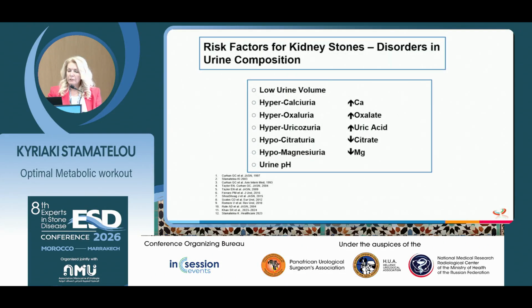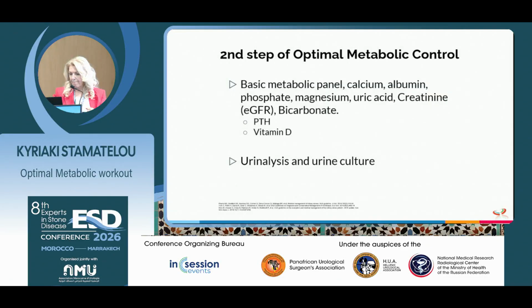And what about disorders in urine composition? We know that hypercalciuria, hyperoxaluria, hypocitraturia, hypomagnesiuria, and hyperuricosuria, also urine pH and low urine volume, they can contribute to the creation of kidney stones.